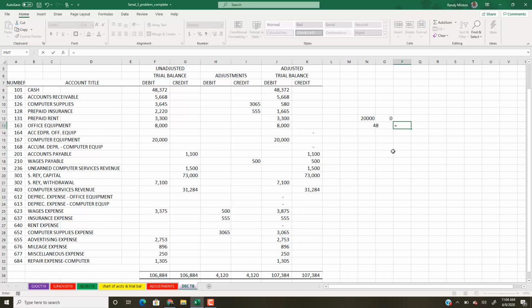So that's equal to then this number minus this number divided by, and I want to make sure that this happens first. So what I'm going to do is put this in parentheses, because that's the way we do it.